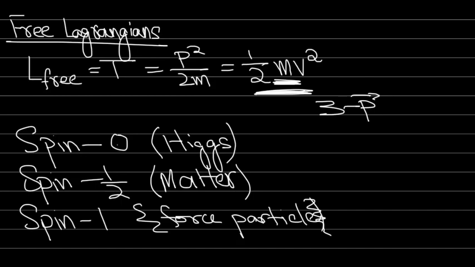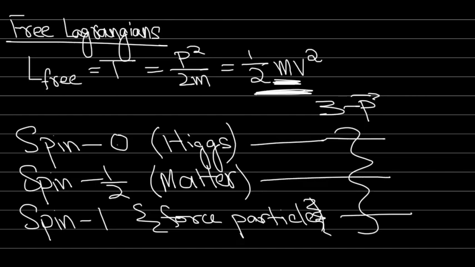So I'll just present them one at a time, and then what we will derive is the Euler-Lagrange equation of motion for each of these different spin cases. So we'll have 3 different Lagrangians.